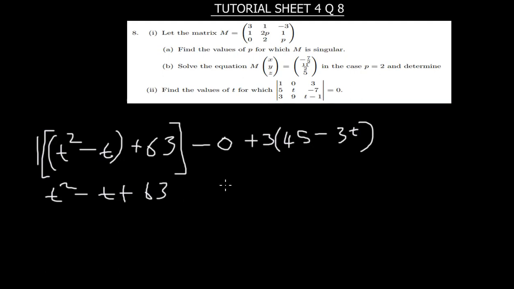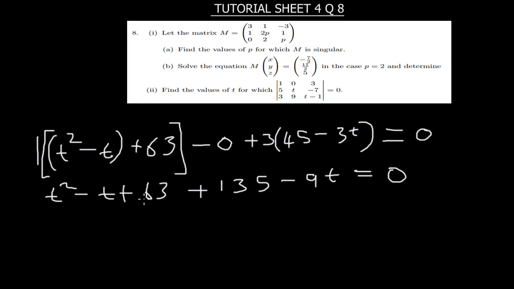Then we go this side, 3 times 45, you are going to have plus 135. And then 3 times 3 there minus 9t. They're saying the determinant of that is equal to 0, so this is supposed to give us 0.